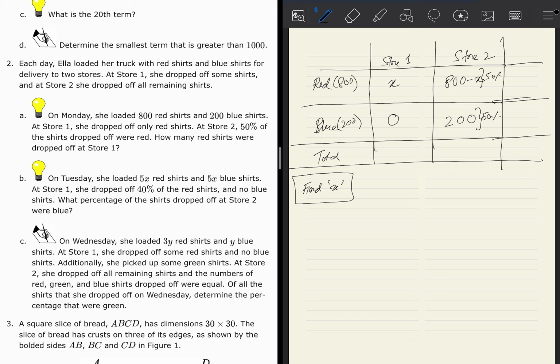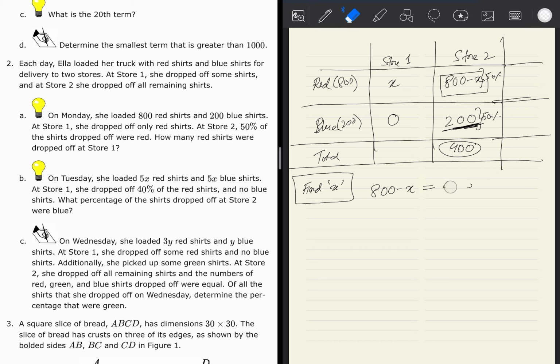So we know that 200 is half of the total number of shirts being dropped off at store 2. So if 200 is 50%, 100% would definitely be 400. This also means that 800 minus X equals the other 200, which adds up to 400.